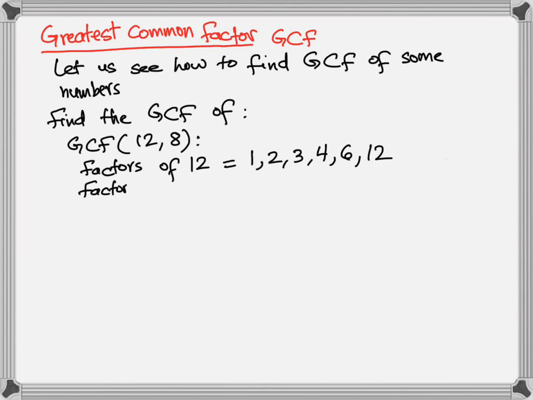What are the numbers that 8 is divisible by, or can be divided by? 8 can be divided by 1, 2, 4, and 8. Then we're going to find out which is the greatest common factor, which is the common factor that is biggest.